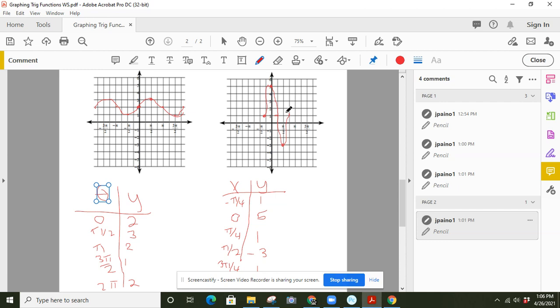All right, and then you can keep going. Every pi fourths, I get my new max. All right, and there you go. There's 2 cycles of it.